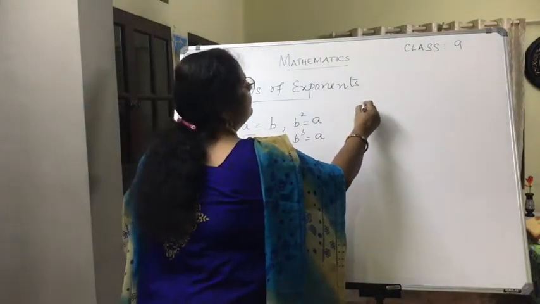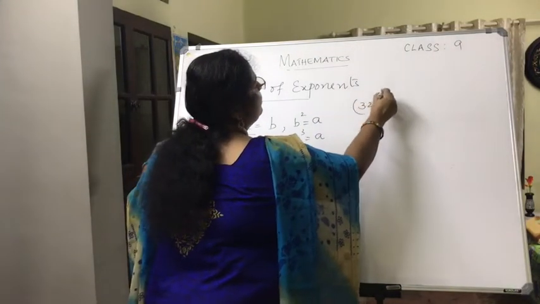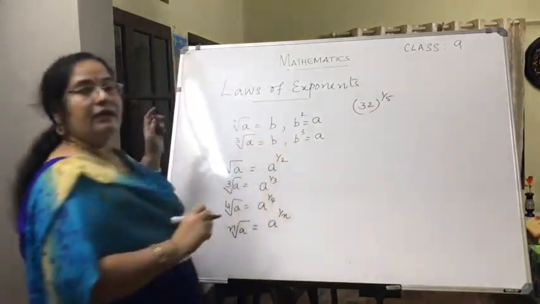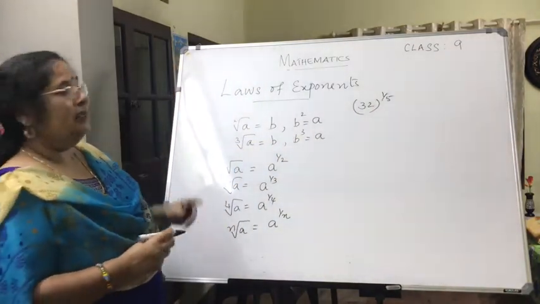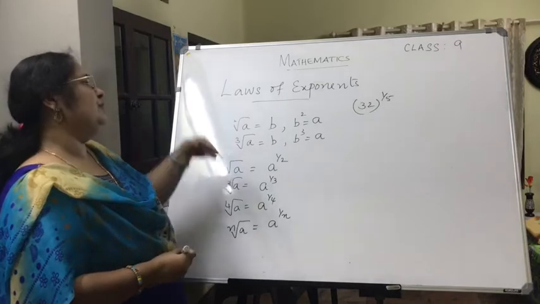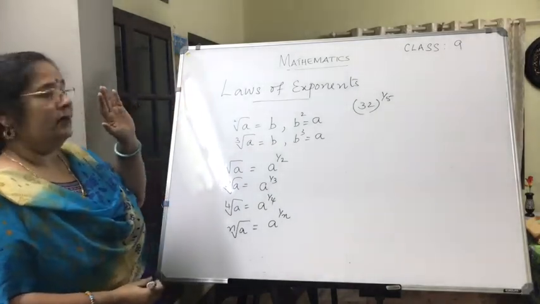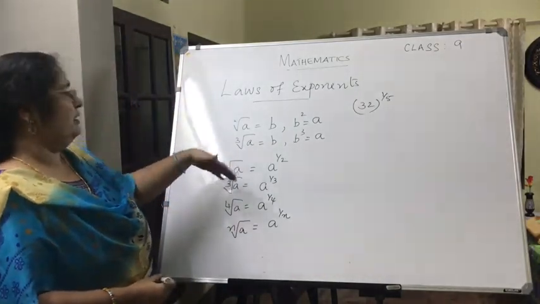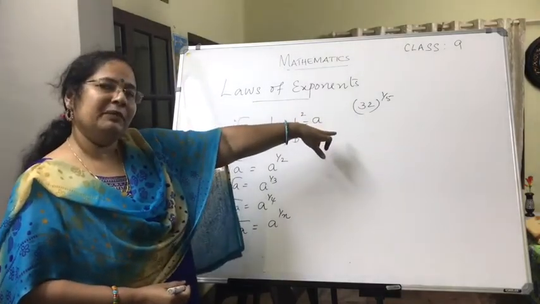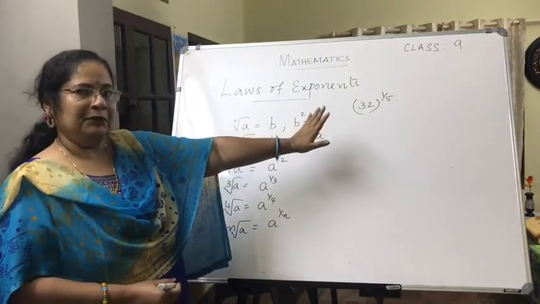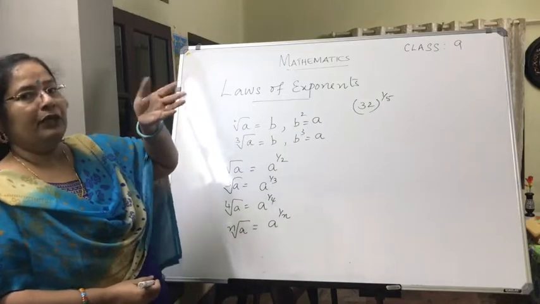Suppose you have, say, 32 raised to 1 by 5. You are asked to simplify this. Now how to do the simplification? You have to use the laws of exponents, and if possible we will be doing all these things. This is actually the fifth root of 32. But we have not learned how to find the fifth root and all.